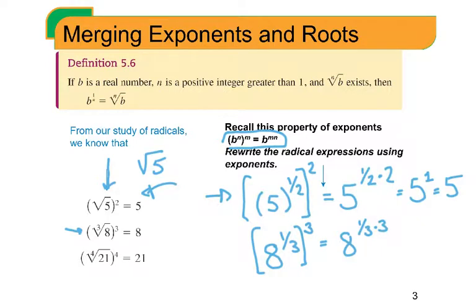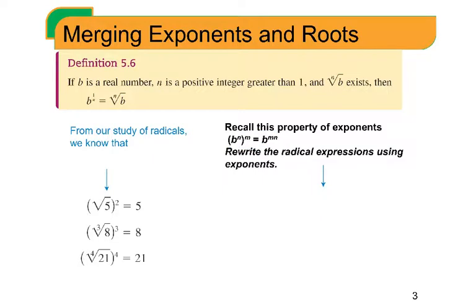What's 1/3 times 3? That's just 1. So that equals 8. Okay, we got one more to do. This one. I have 21 to the 1/4 power raised to the 4th power, and of course, that's 21.